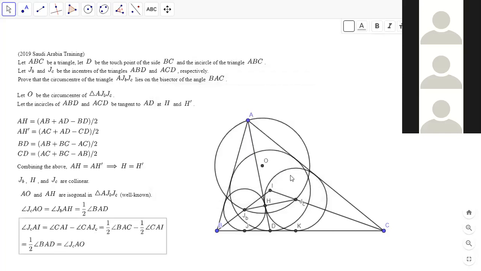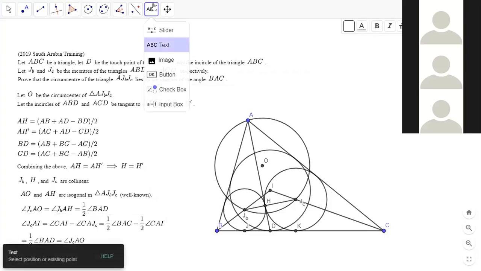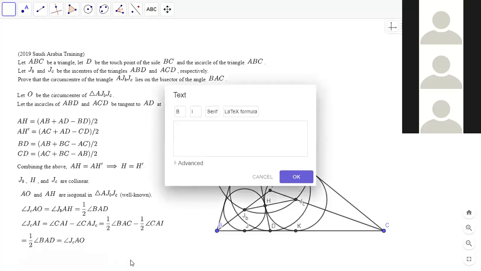So that means that AO and AI are collinear, which solves the problem. Okay. Yeah, that was not that hard once you find the right ideas.